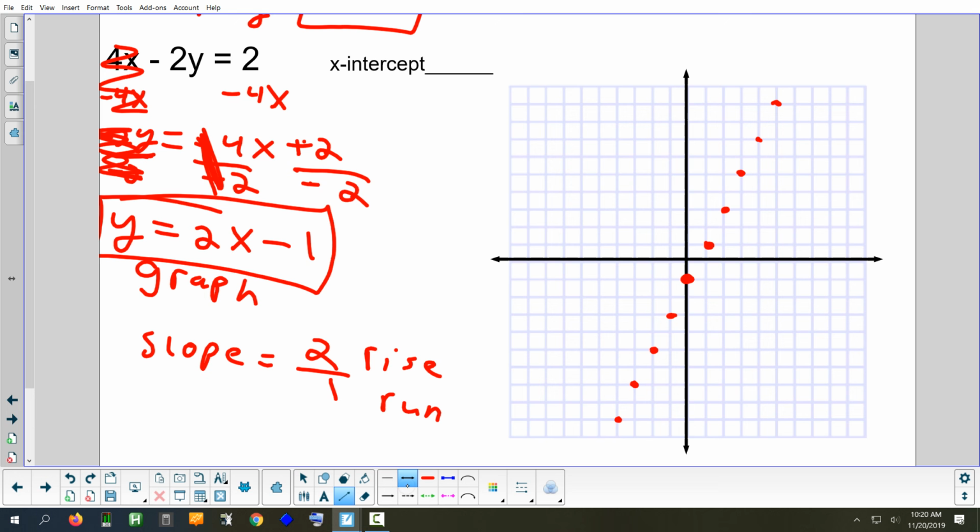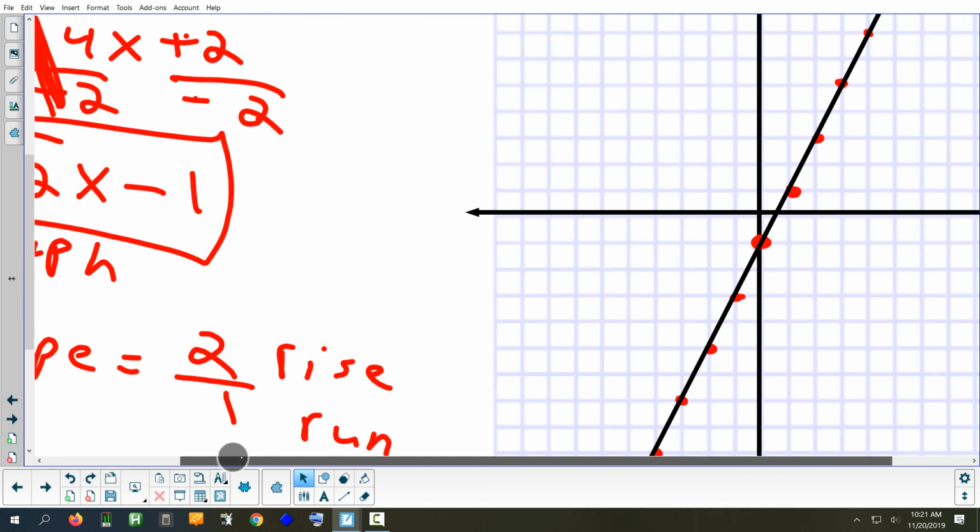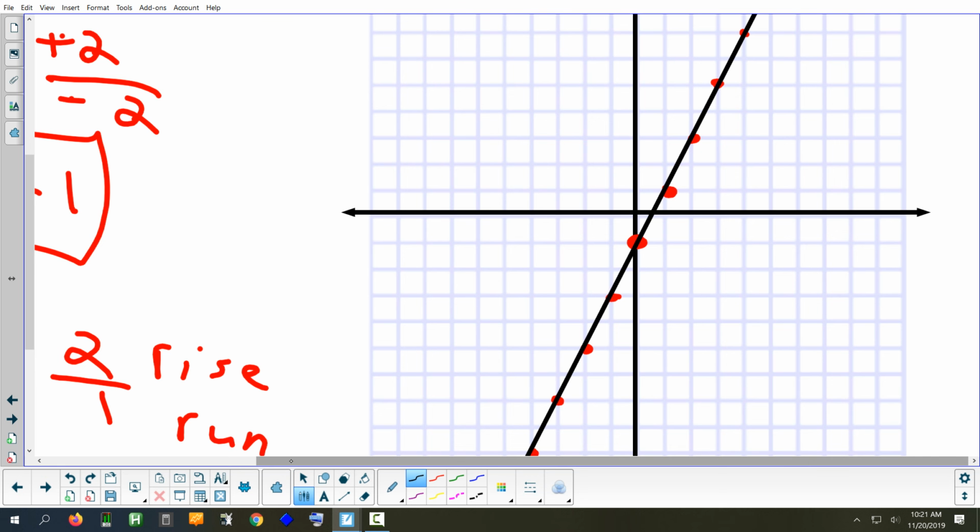Now let's draw our line. This is going to be as bad as it would ever be to find an X-intercept. You'd never have one worse than that. What does it look like if I zoom in? The X-intercept is where it crosses the X-axis.